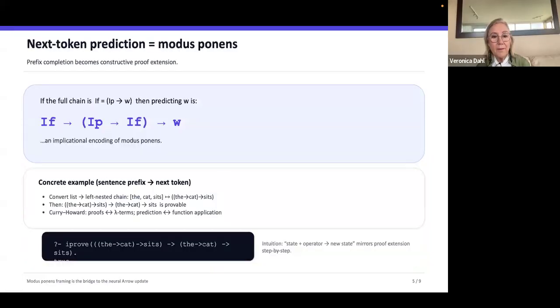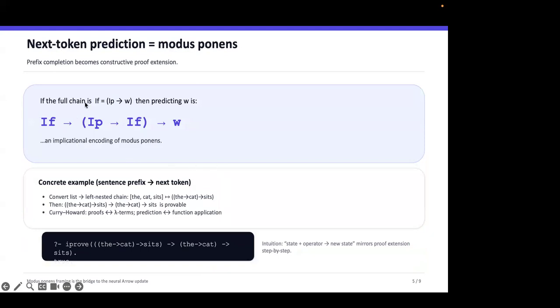And the concrete example here is a very simple inference form. We don't really need a theorem prover for that. All we need is modus ponens. Assuming that we have a full chain of this form, the final chain is an intermediate chain implying W. Then predicting W is just applying, assuming that this is already digested, and then this implication holds.